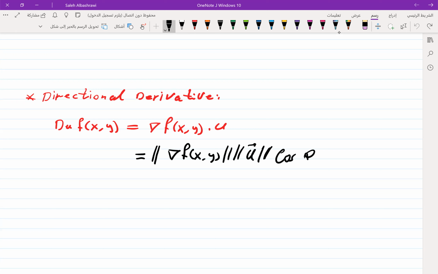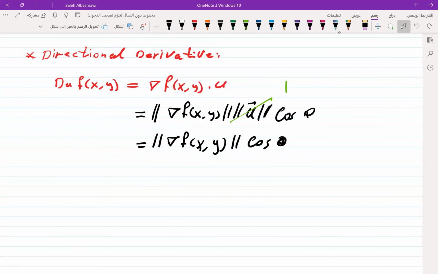But we know that the magnitude of the unit vector is equal to 1. So the directional derivative can be given as the magnitude of the gradient multiplied by cosine theta, where theta is the angle between the unit vector and the gradient.